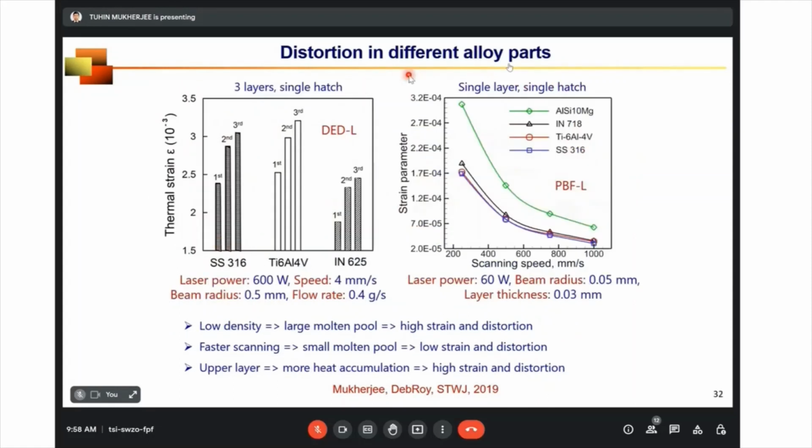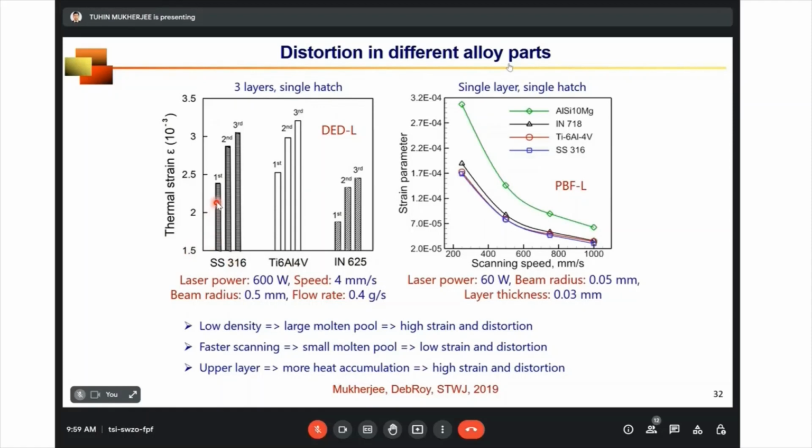So if we take the same process, let's say DED, and compare among different alloys, we can see that depending on the alloy properties, the thermal strain is very different. For example, titanium alloy, which has less density compared to stainless steel, will form a larger molten pool, shrink more, and accumulate larger strain compared to stainless steel.